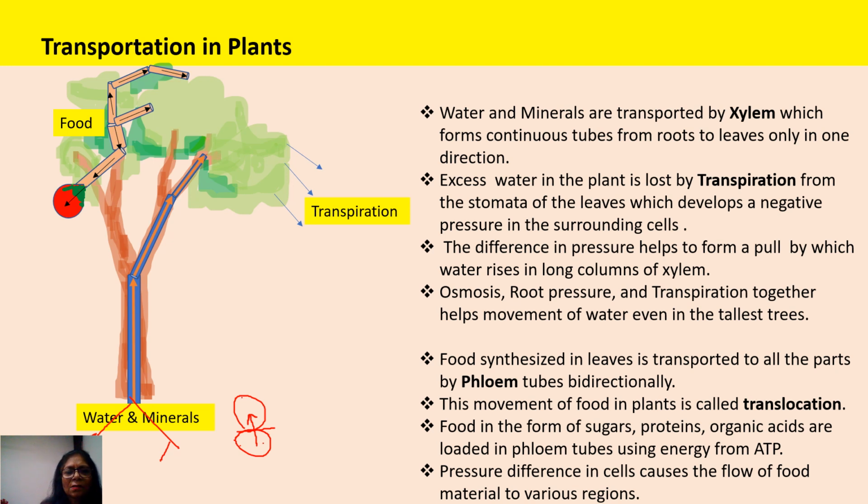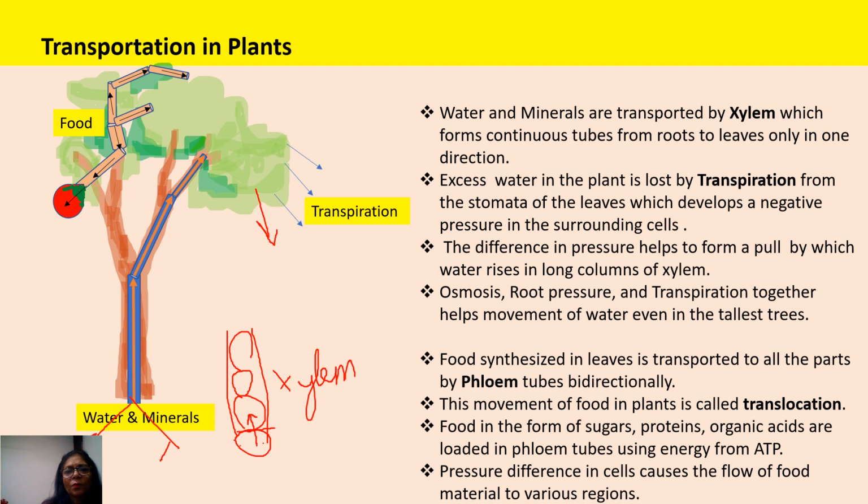So the cells from the root hairs are continuous till the leaf, forming a column-like structure, and this column is known as xylem. Xylem, students, as you all know, consists of 4 components: tracheids, vessels, xylem parenchyma, and xylem fibers. The water on reaching the leaves is lost if it is in excess by a process known as transpiration.